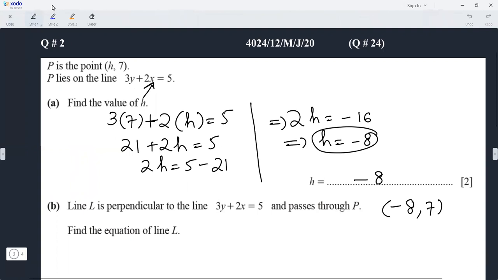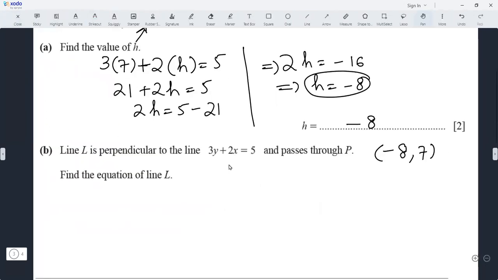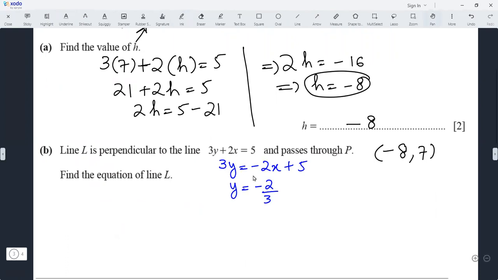We have to find the gradient first. In order to find the gradient, we have to rearrange the equation and make y the subject. Bringing 2x to the other side, it becomes 3y equals -2x plus 5, and then dividing both terms by 3 gives y equals -2/3 x plus 5/3. Why am I dividing like this?